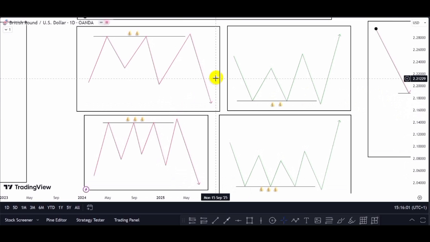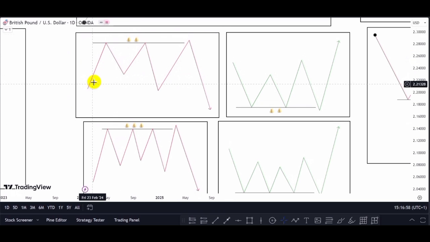We have the head and shoulders pattern. We have a lot of chart patterns: the wedge, the channels, the triangles, the flags. All these are internal range liquidities that the institutions will seek to purge before moving price in their ideal institutional direction. Now you can see here we have what we call our double top.